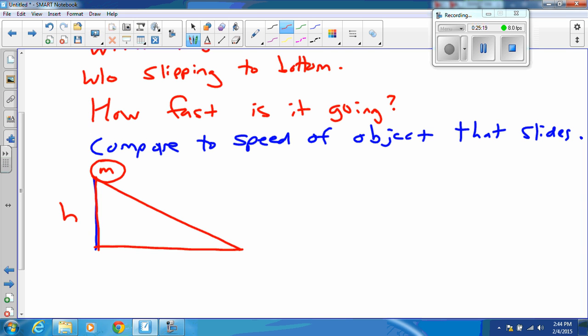Before and after, what are you talking about? Like the kinetic energy. Energy accounting is what we're talking about. That's right. So let's identify a before and after place. Where's our before going to be? Where it is. And where's the after going to be? Bottom. All right.